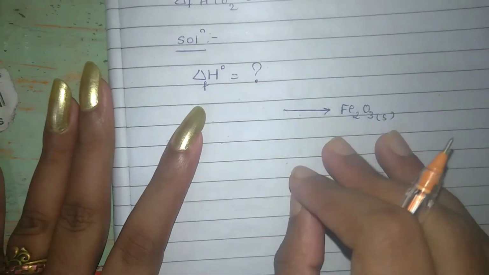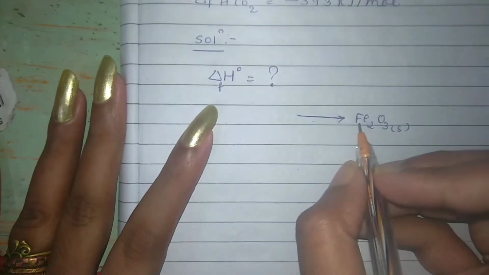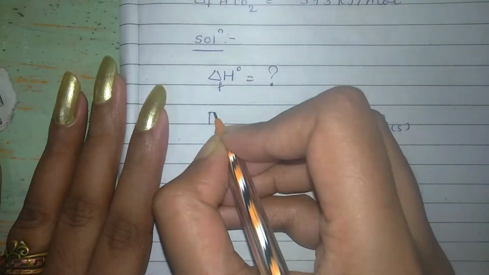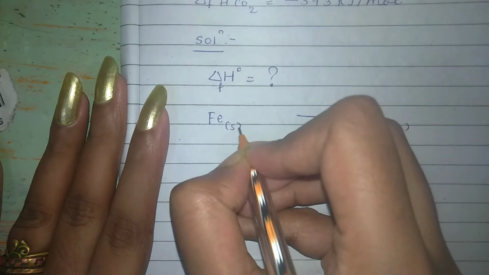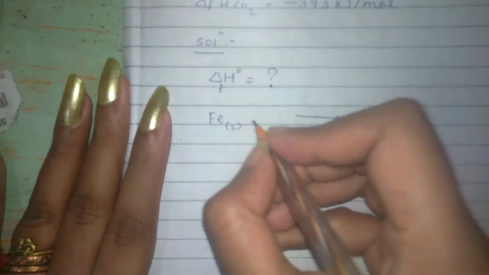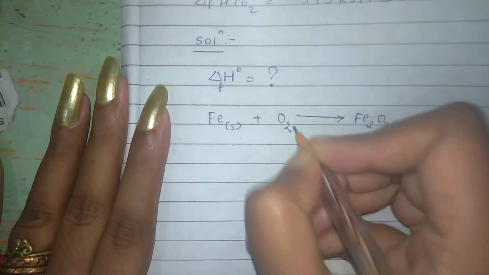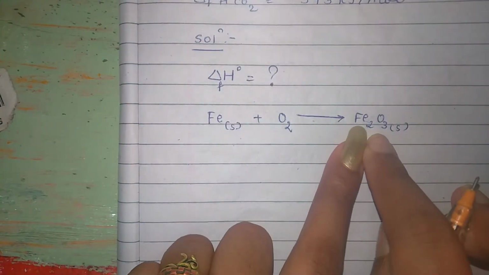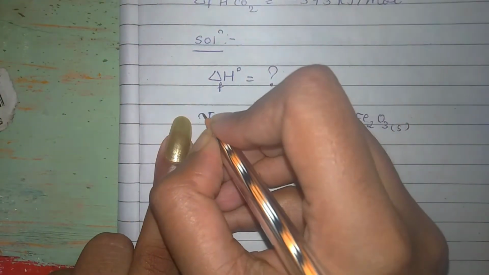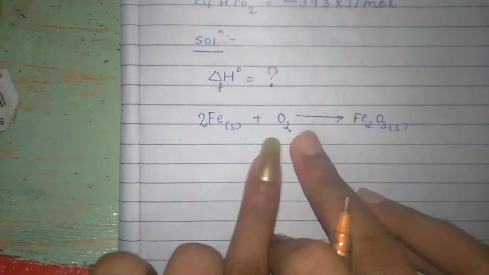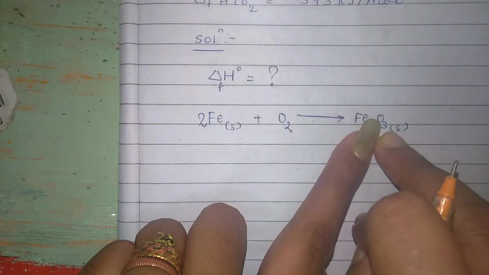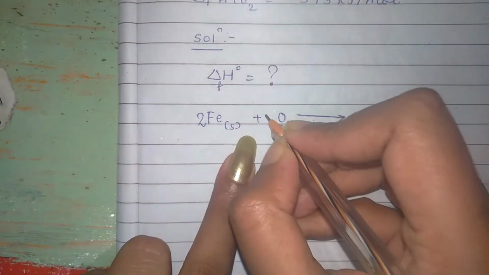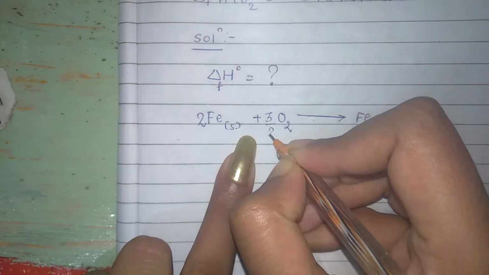We know that the stable form of iron is Fe in solid state. Oxygen, we know, is stable in the form O2, correct? Now let's balance the equation. Here it is 2, so I will put 2 here. Now oxygen is 3, so I will put 3 by 2.